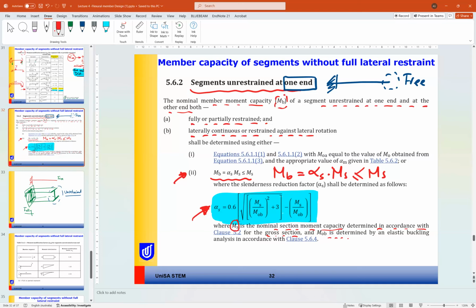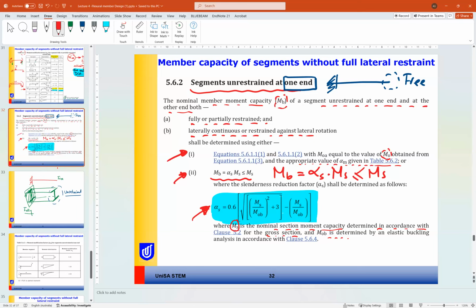This is one option, or we shall take in clause 5.6.1.1 with Mo equal to Mo obtained from equation 5.6.1.3 and the appropriate value of alpha m. So we have two options.